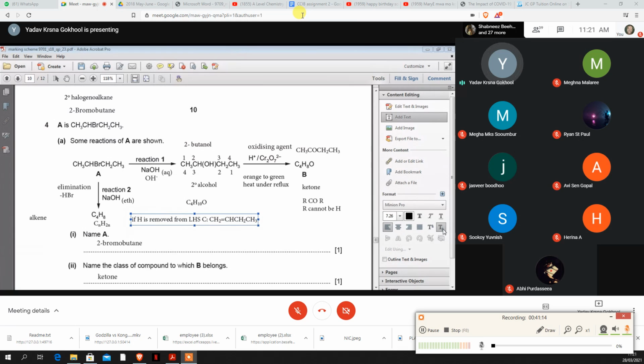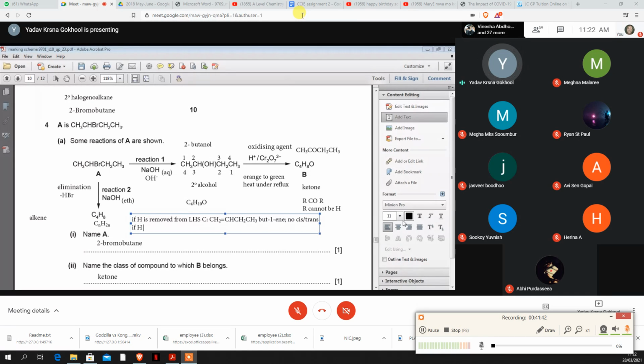I hope I've not done any mistake. If I have done any mistake, just let me know. So this one, 1, 2, 3, 4, but-1-ene. No cis trans. No optical.